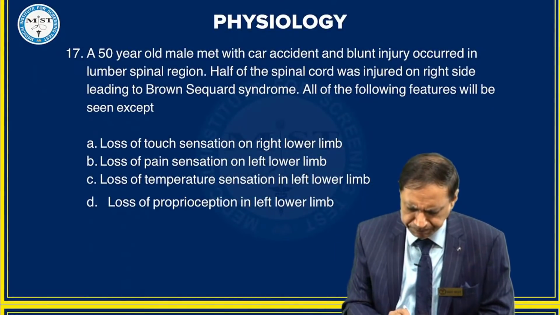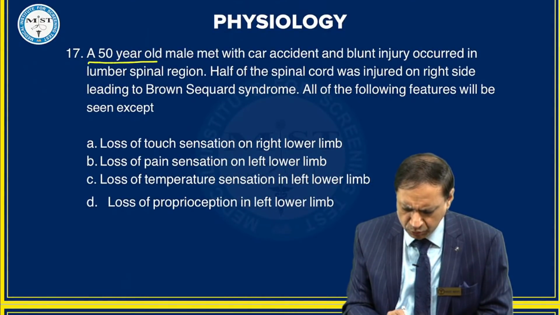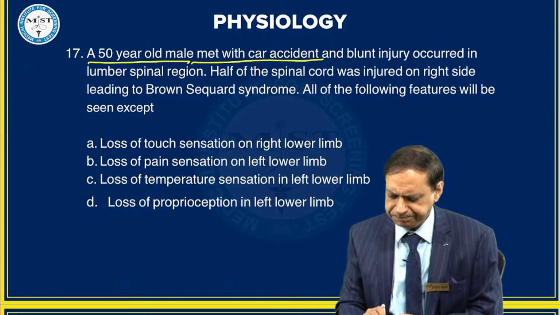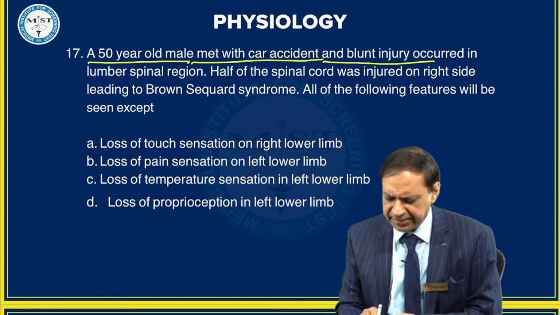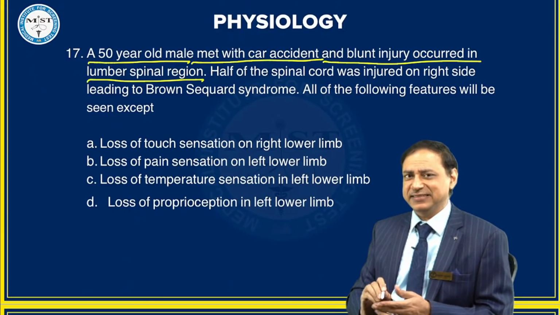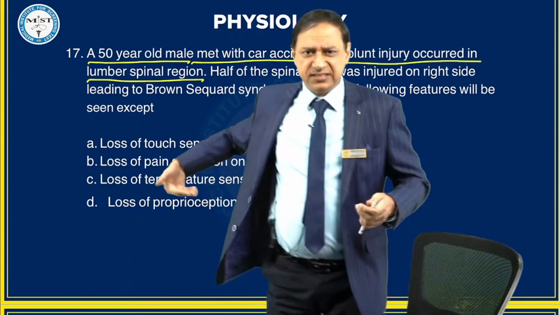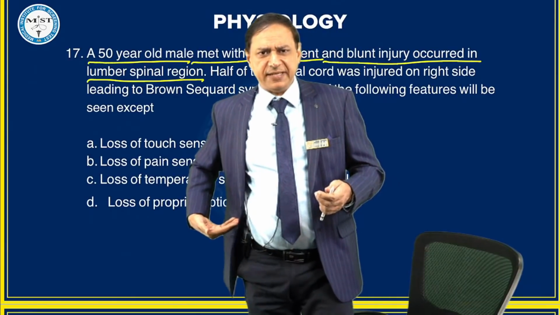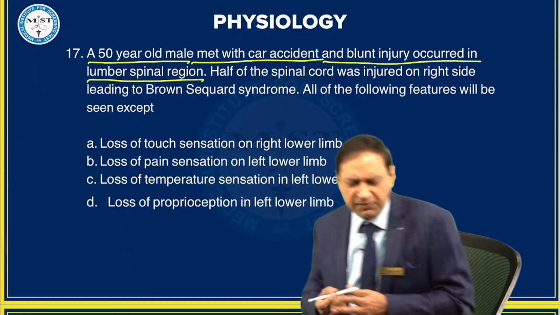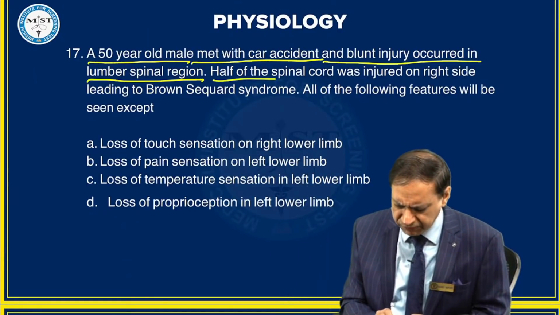See the next question. A 50-year-old male met with a car accident and blunt injury occurred in the lumbar spinal region. Because of the car accident, the spinal cord was cut from here. Half of the spinal cord was injured.